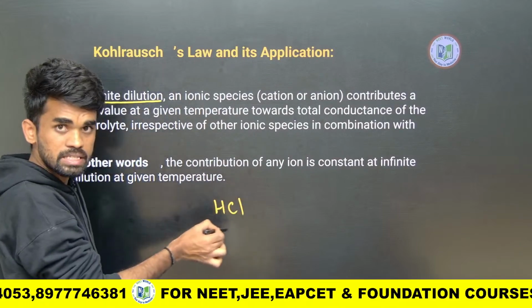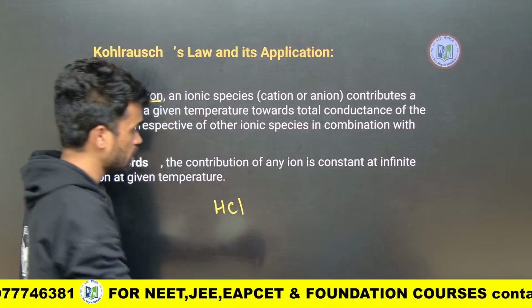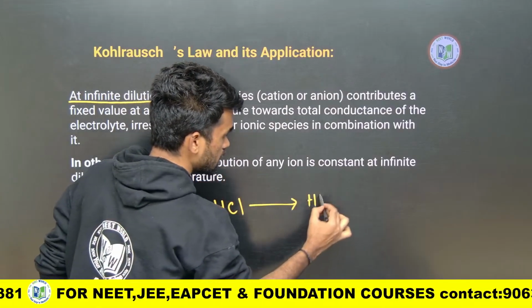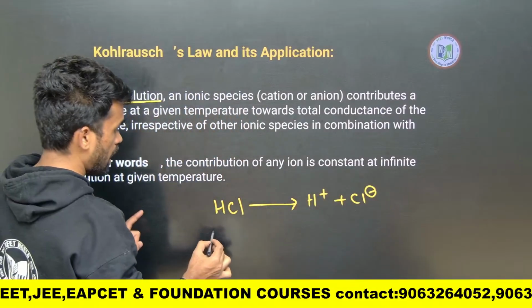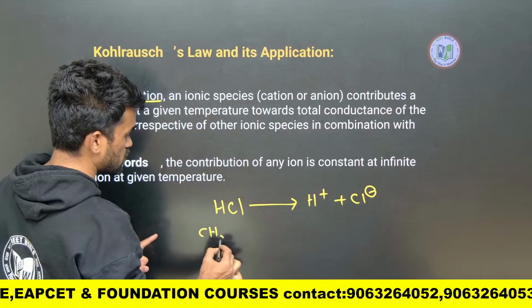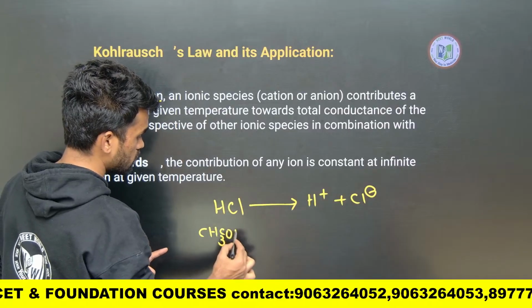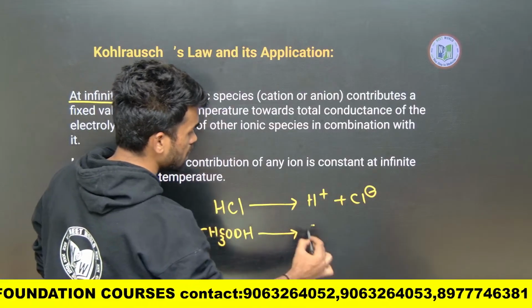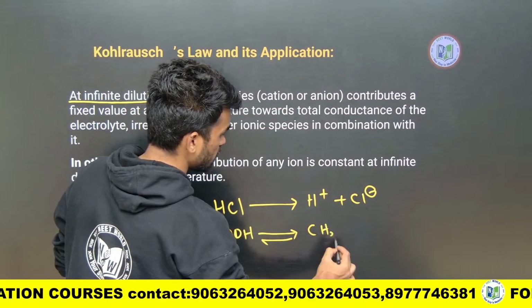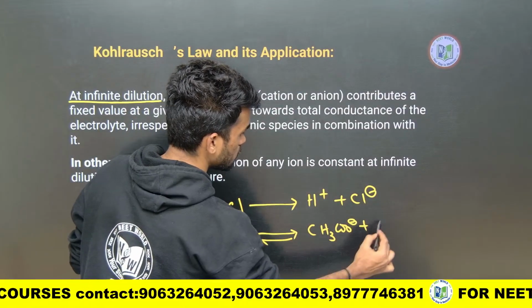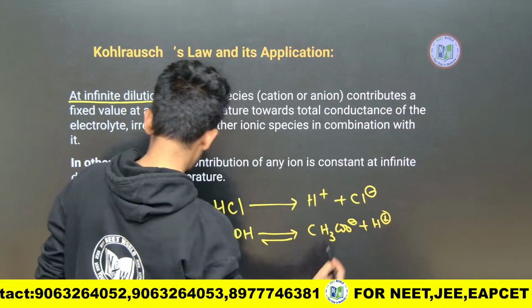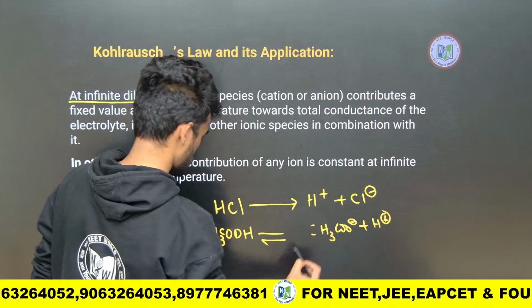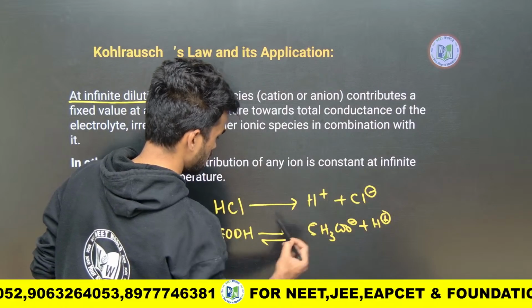I am taking acetic acid also. This is a weak electrolyte. So what ions will it generate? Even though it is a weak electrolyte, it will generate H plus and CH3COO minus.